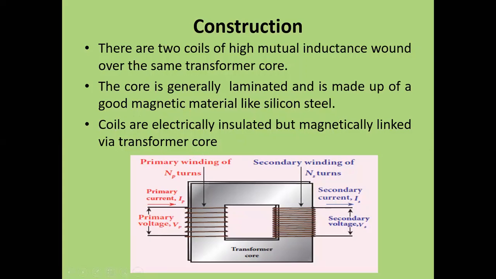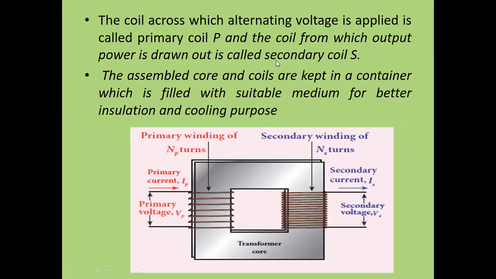Okay. They are electrically what? Insulated. Okay. In order to avoid what? Eddy current loss. Okay. So this is how in a single core, both the coils are what? Wound over. Both the coils are wound over. Okay.